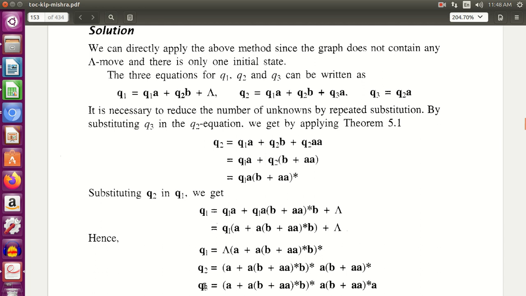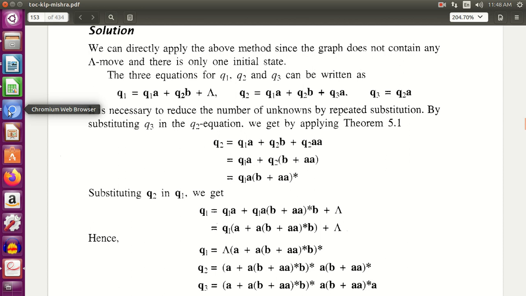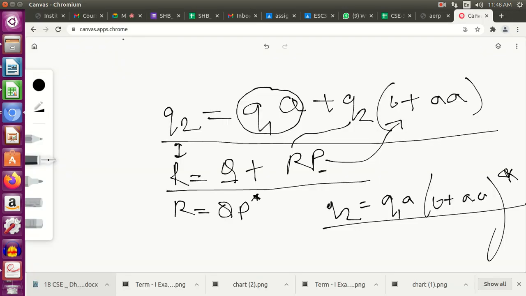Okay, so this is again of the form, if you see, let me again go to the canvas for you.